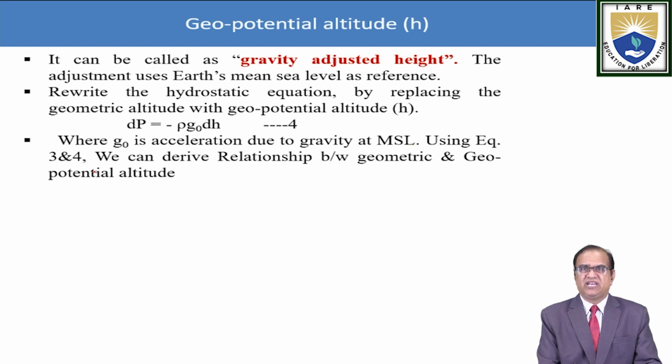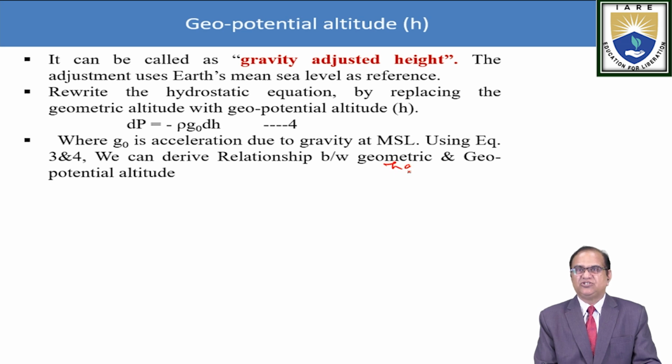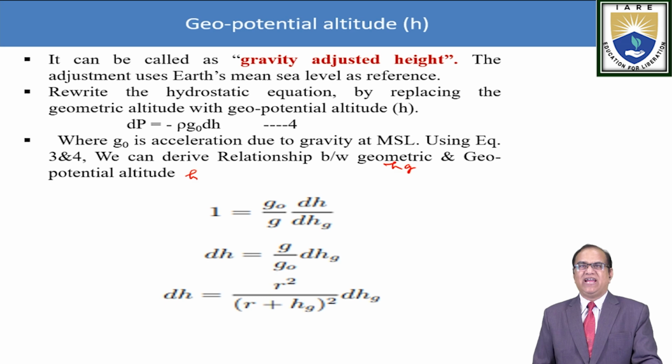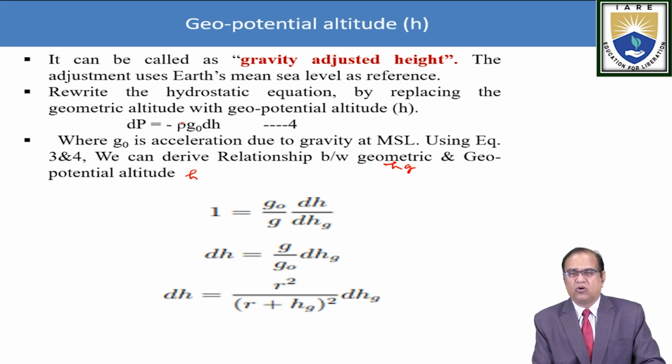Using equations 3 and 4, we can derive the relationship between geometric and geopotential altitude, where geometric is hg and geopotential altitude is h. If we divide equation 3 by 4, we get 1 on the left, and g naught by g and dh by dhg on the right, because rho is constant, so rho is gone.